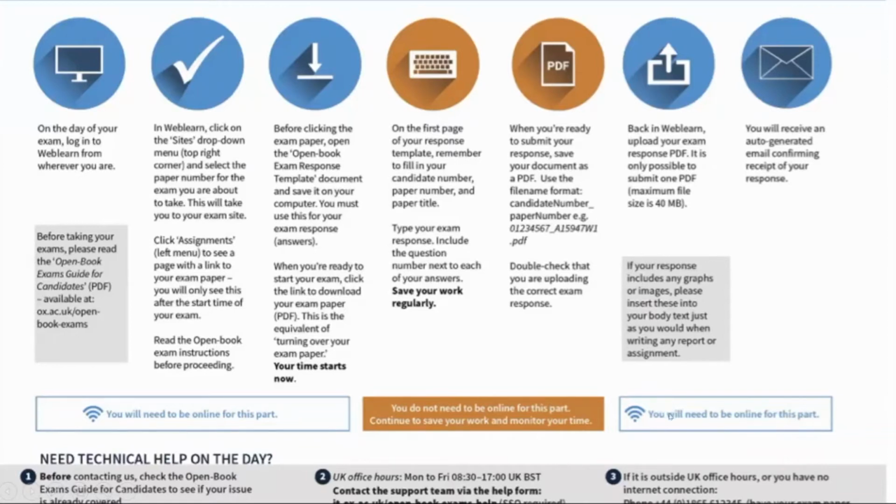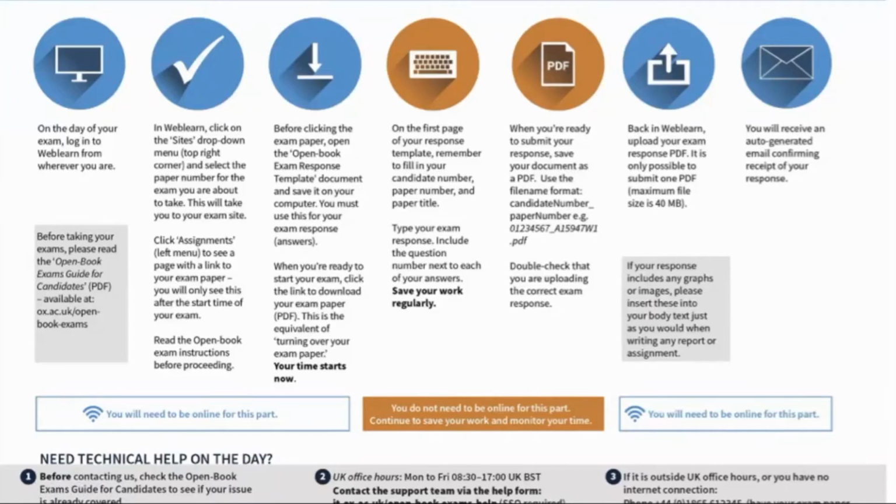Now, this is an example of how they require students to answer the questions in an online manner, which means they have to download the open book exam response template where they respond. That's your answer script, basically your kertas jawapan.